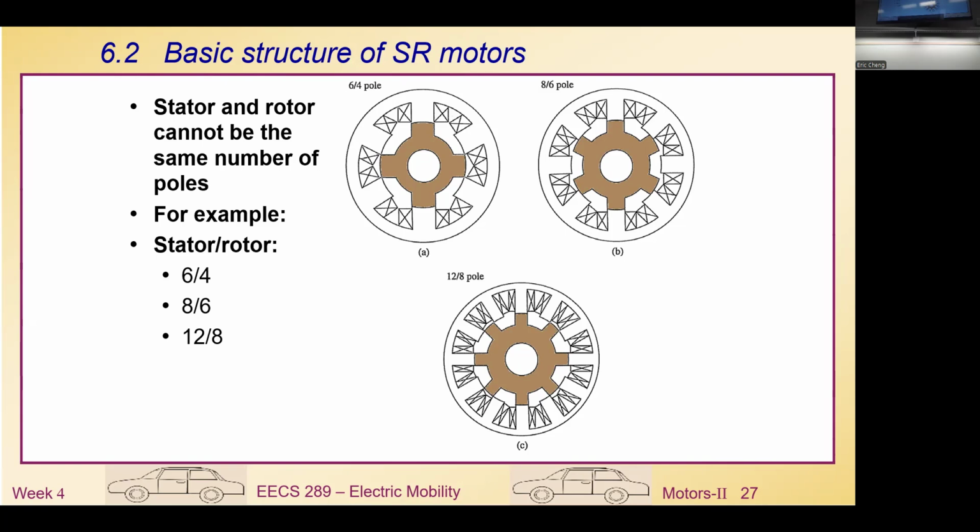The arrangement here: 6-4 means 6 poles in the stator and 4 in the rotor, and 8-6 means 8 in the stator and 6 in the rotor. The details of the operation will be covered in more detailed classes, but here it just shows you another type of motor, based on this kind of reluctance principle.